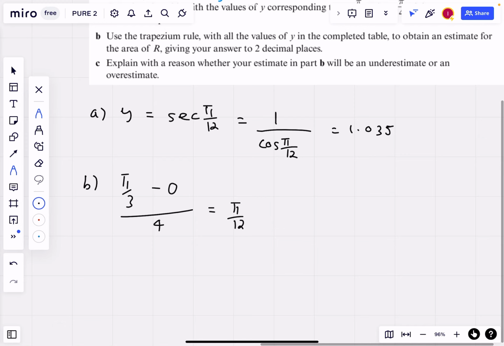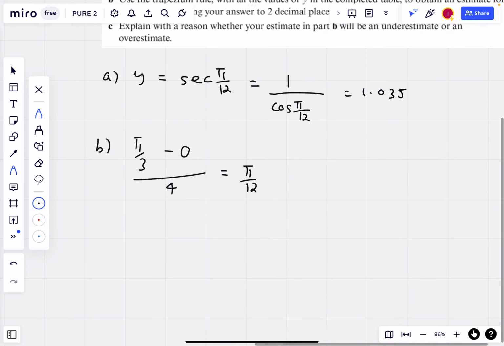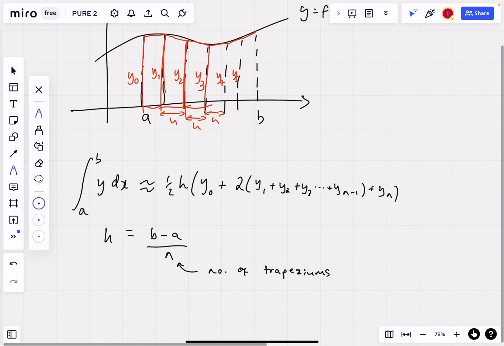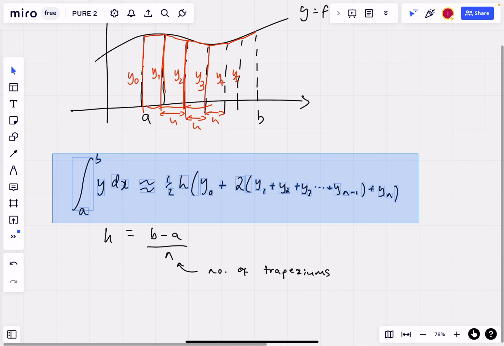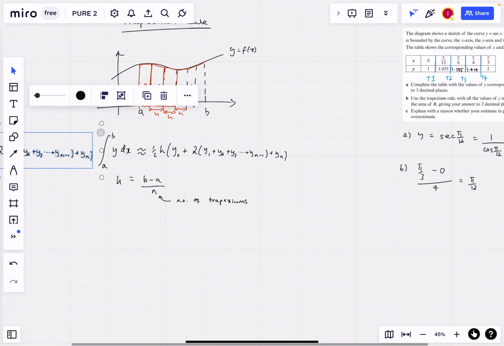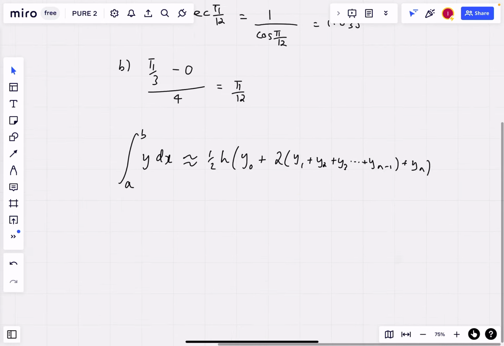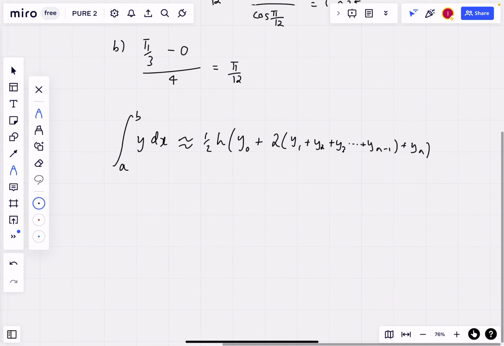Okay, so you've got h. Now, the trapezium rule, I'm going to copy from here and paste it there. So we're going to start off with a half times pi over 12, and then we're going to use a square bracket.